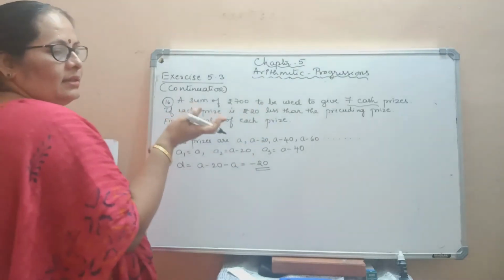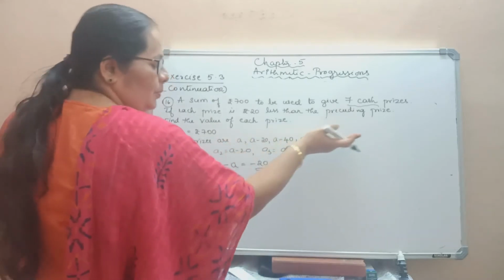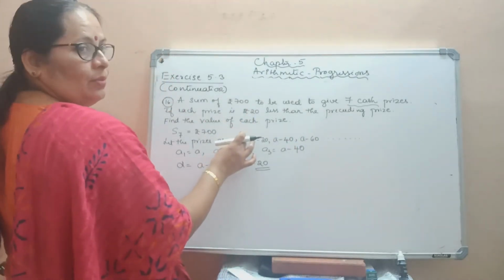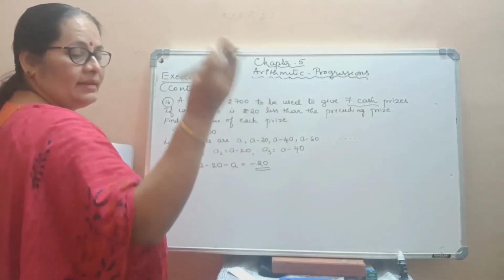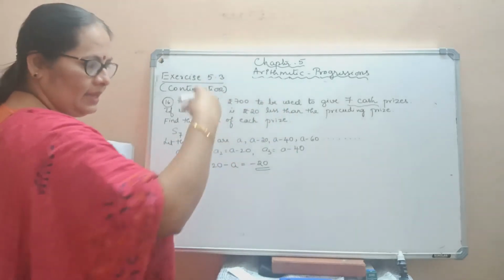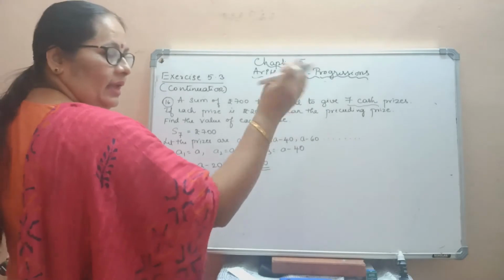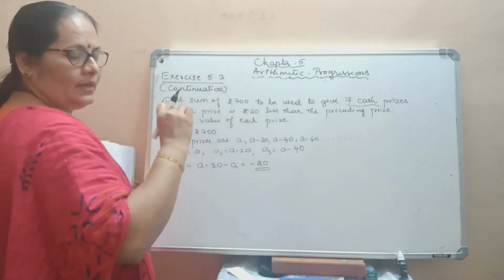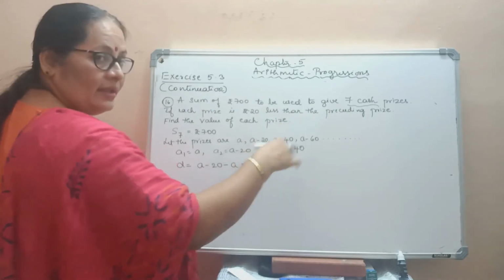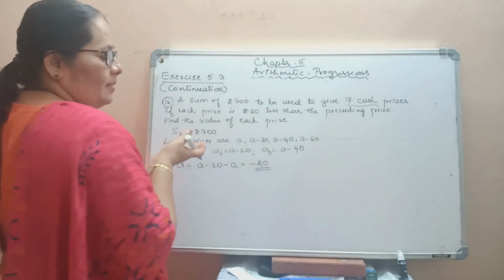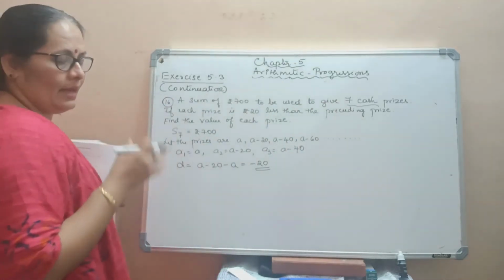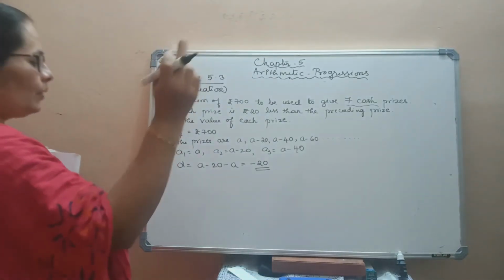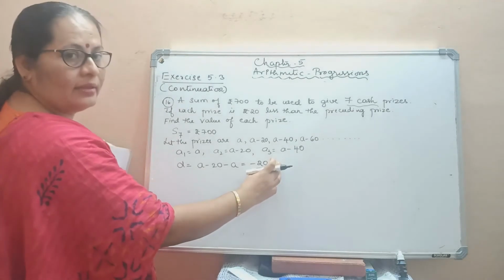Because here the value of each prize is in decreasing order. The first prize is more. The next prize is 20 less than the preceding, right? Again decreasing. The third prize is 20 rupees less than the previous one, so A minus 40. Again it is decreasing. That means the values of the prizes are in decreasing order, so the difference you will get is negative.